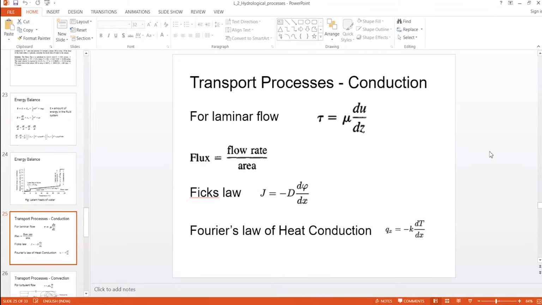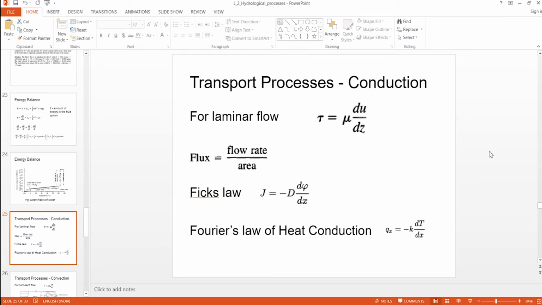One example of conduction is a steel rod. If you hold one end and put the other end in flames, then slowly you will feel the heat at the other side. You will feel the higher temperature, and the temperature keeps increasing with time. This is nothing but conduction.